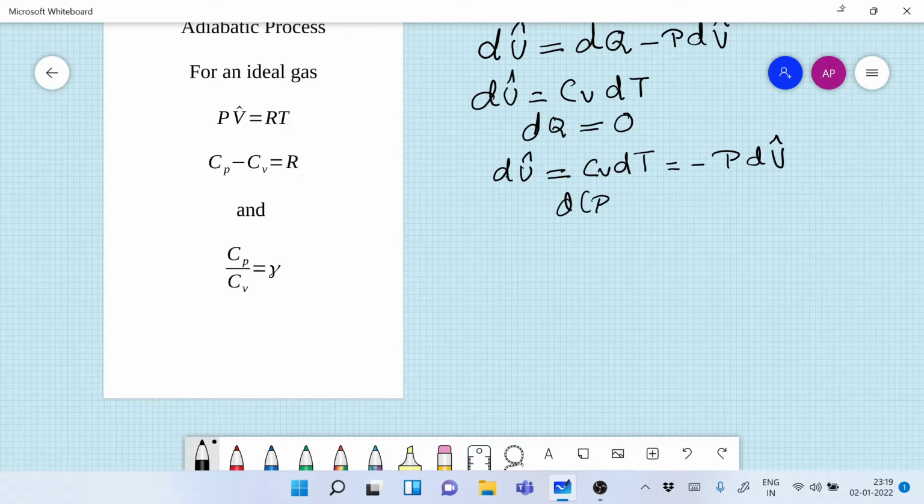Adding d(PV) on both sides, we get dH is equal to V dP, since H is equal to U plus PV.